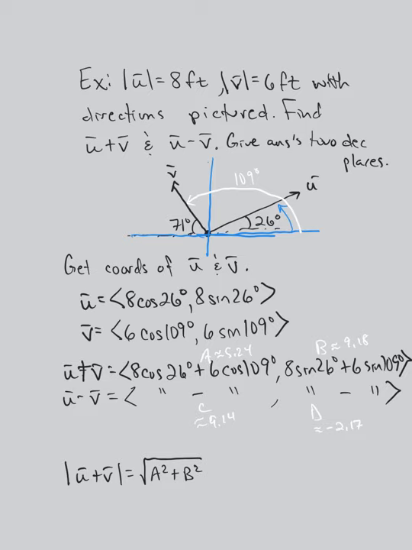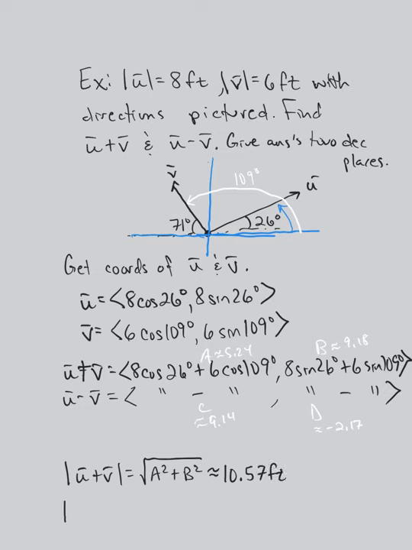Now this is part of the answer, and so I will be able to write it rounded to 2 places. I'm just typing in the square root of A squared plus B squared on my calculator. Like that, and that's about, to 2 decimal places, about 10.57. Now this problem has units in it, so that's 10.57 feet.